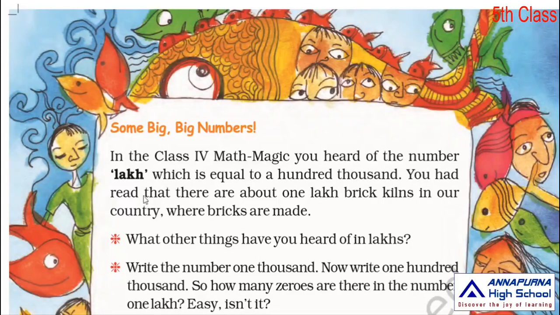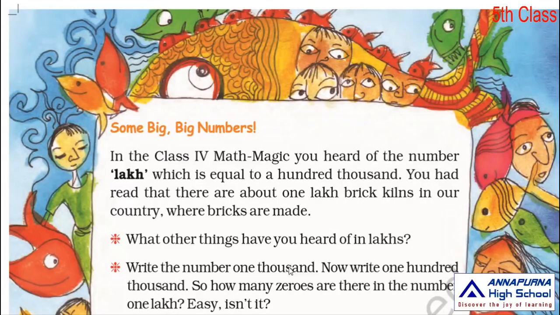You had read that there are about 1 lakh brick kilns in our country where bricks are made. Kilns means where bricks are made. Now, what other things have you heard of in 1 lakh? Just think.